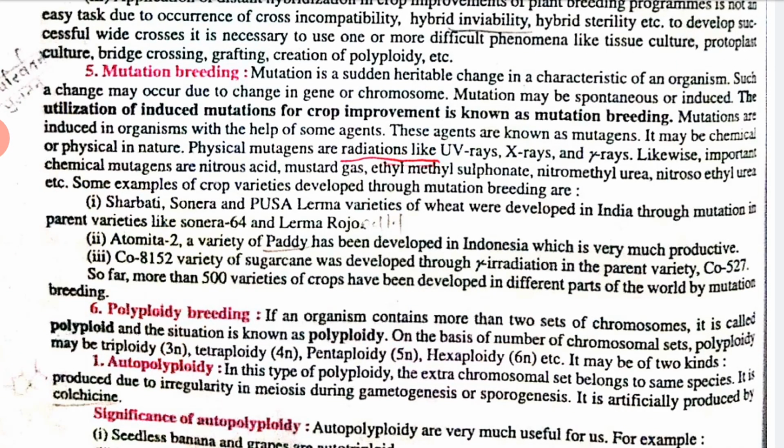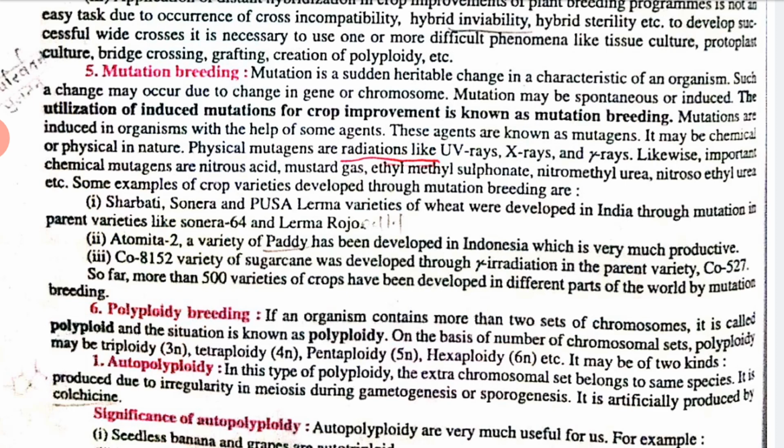So next is polyploidy breeding. What is polyploidy? If an organism contains more than two sets of chromosomes, it is called polyploidy. Remember this: when we have more than two sets of chromosomes, the situation is known as polyploidy.